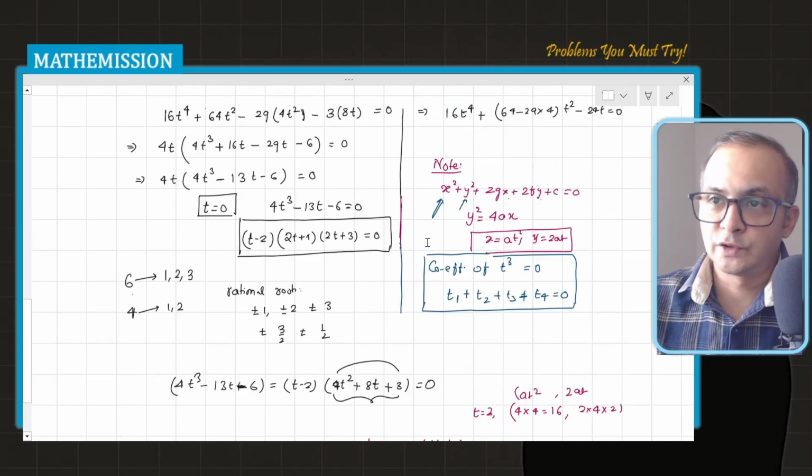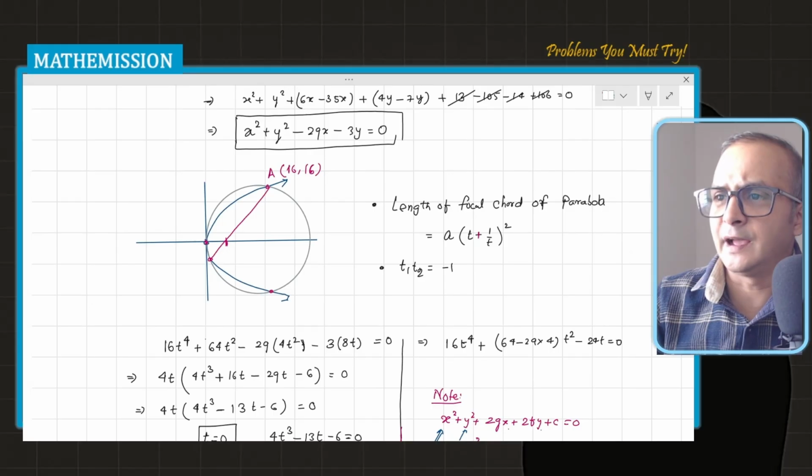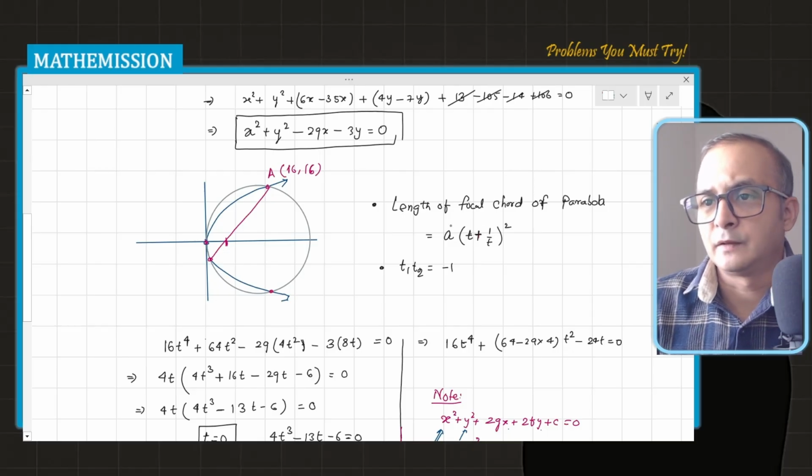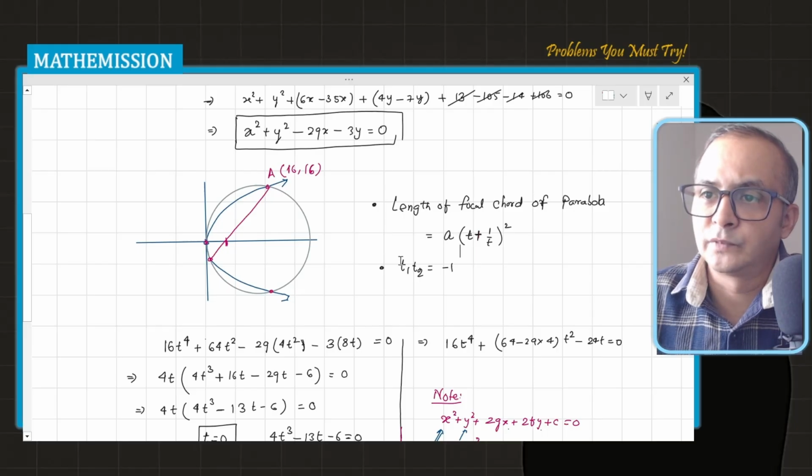I hope you understood this method. Here one mistake I did, but actually it's not that much bigger, because it depends on t plus 1 by t, taking here even t is 2.